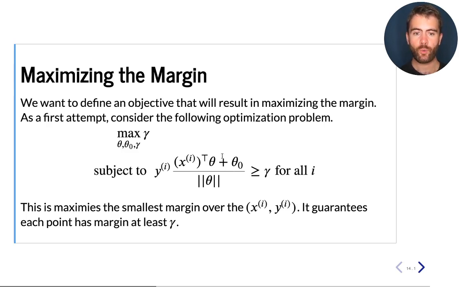In other words, we are choosing the parameters of the hyperplane for which the smallest margin across all the data points is maximized. And so if we can find a solution, then every point will have a margin of at least gamma.